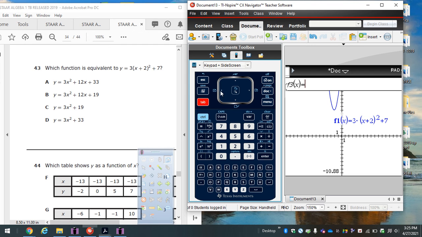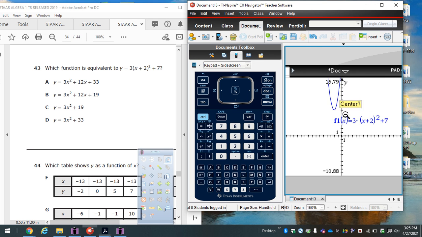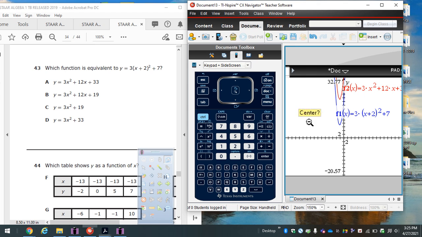Is it there? 3x squared plus x plus 33. And there, it's way up there. So that, honestly, when I thought it was that one, not even close. So it is 12 plus, yeah, it's that one.